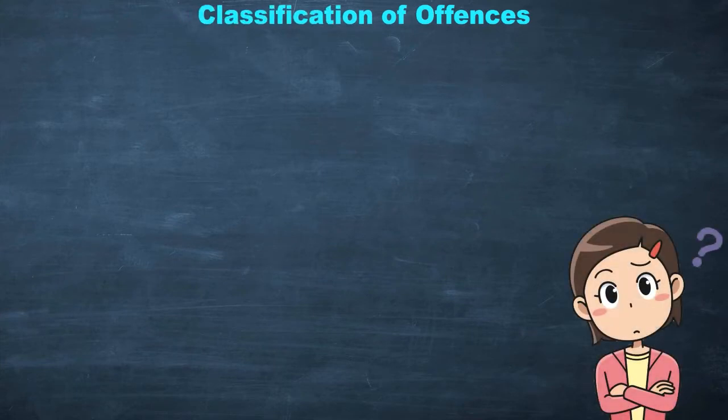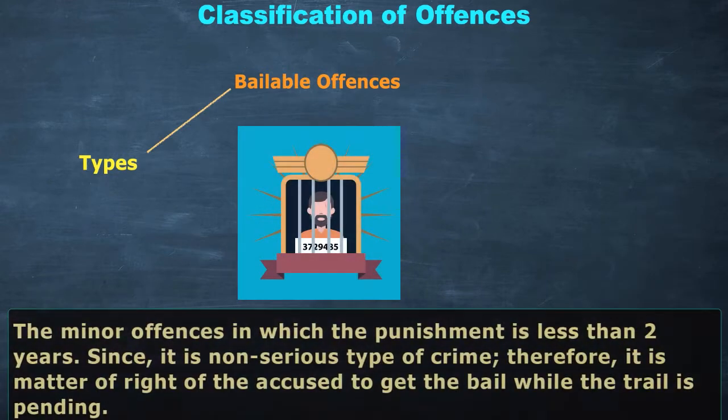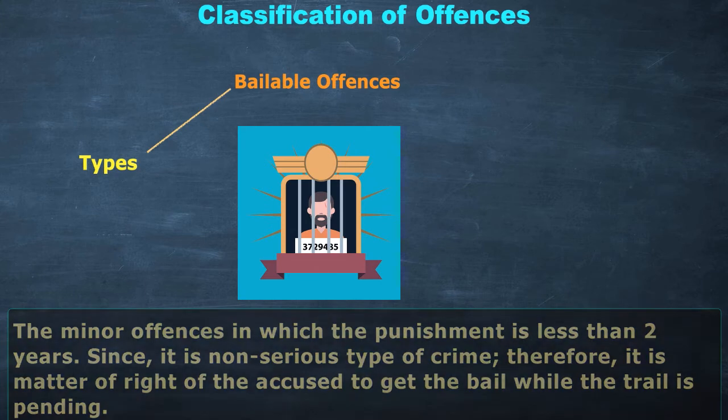Now let's check out the classification of offenses defined under the Criminal Procedure Code. The first one is bailable offense. It is a minor offense in which the punishment is less than 2 years.